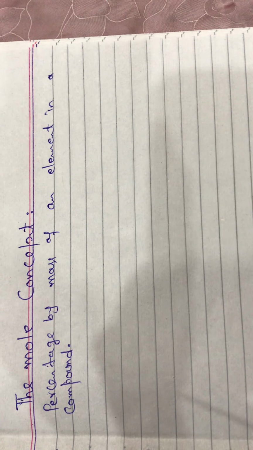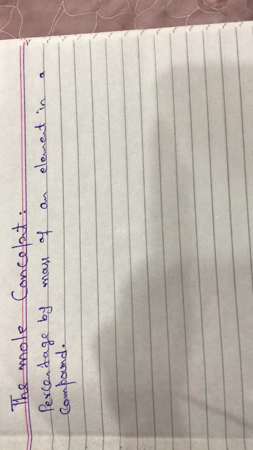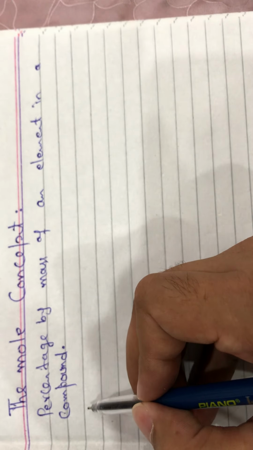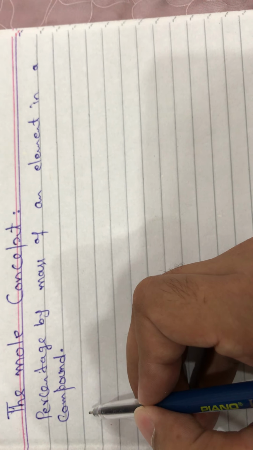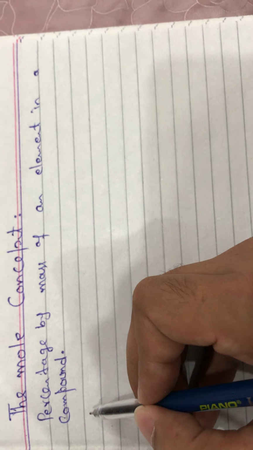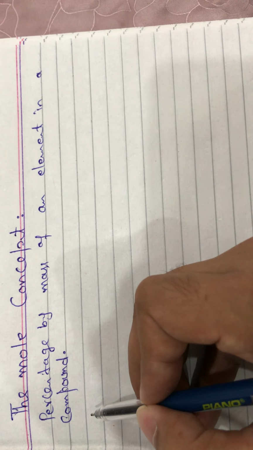And this is related to the formula. First we have to consider what would be the formula by which we can calculate the percentage by mass of an element in a compound.